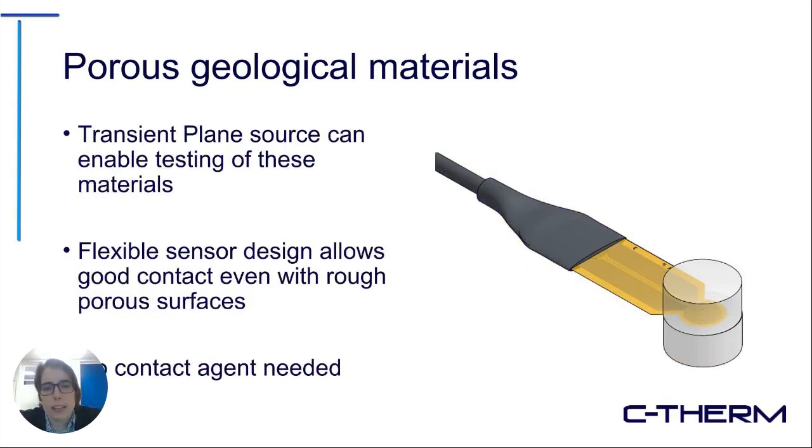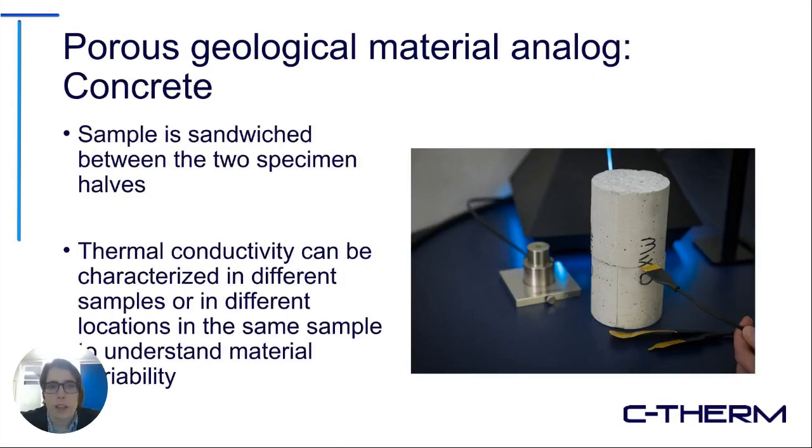So when you're testing a sample with these kinds of materials, you basically sandwich your sample around the sensor and then apply a clamping force or contact force to control for the contact resistance. But you don't need any contact agent. As an analog to some of the porous geological materials, we'll look at a slab of concrete, which we basically just cut in half, and then we mount the sensor, as you can see in the image here.